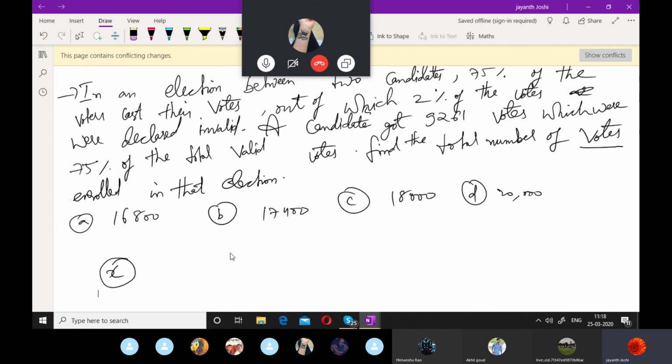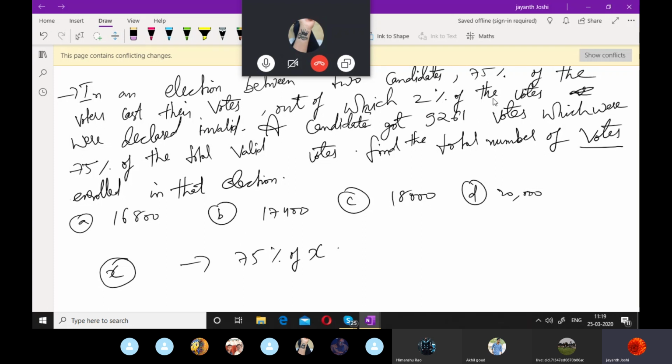The number of votes cast is what? 75% of x. So we took total votes as x, and 75% of the people have cast their votes, so we are taking 75% of x.